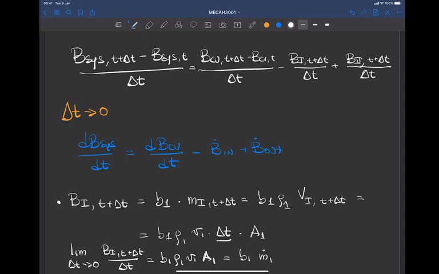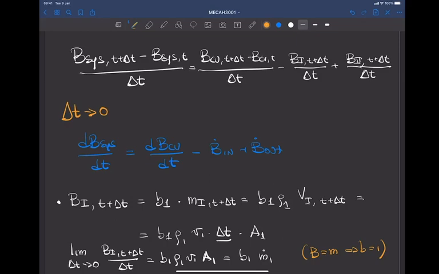And of course you also understand that if your extensive property is the mass, then of course b will be 1, and you simply get that this is the mass flow rate crossing the section, which is quite straightforward, I think, in this case.